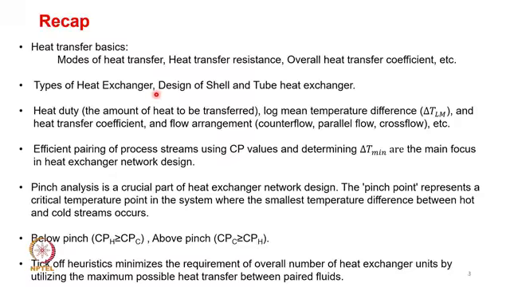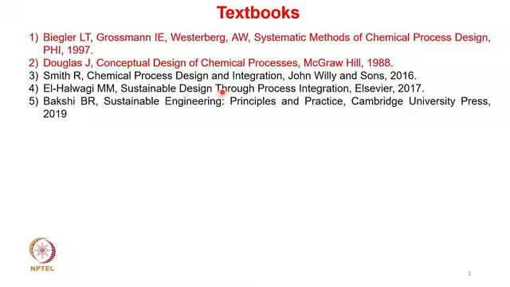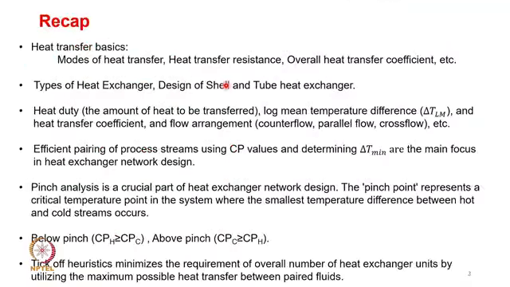We talked about the types of heat exchangers, specifically the design of shell and tube heat exchangers. We looked at a concept called heat duty, which is the amount of heat to be transferred, the logarithmic mean temperature difference, heat transfer coefficient, and flow management.